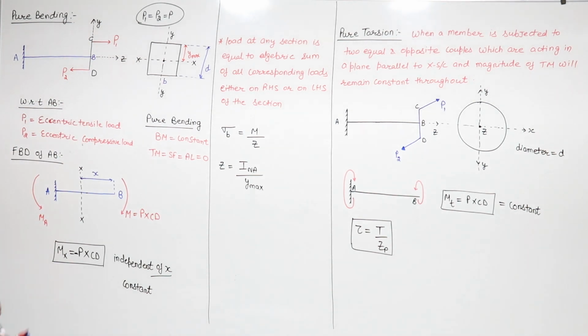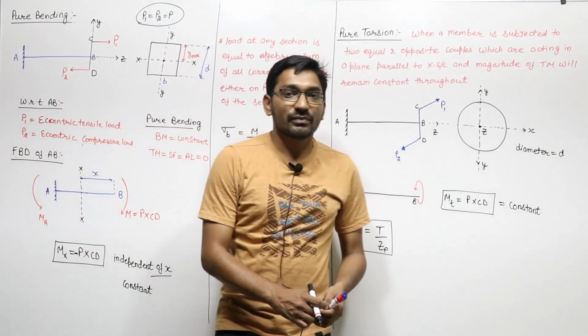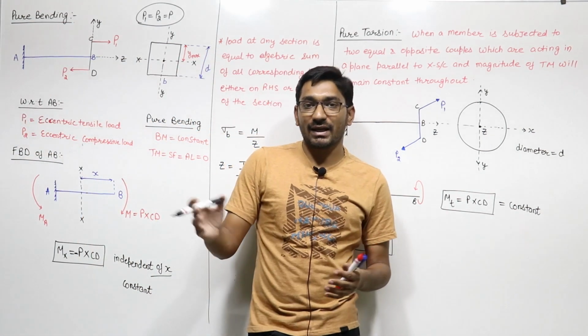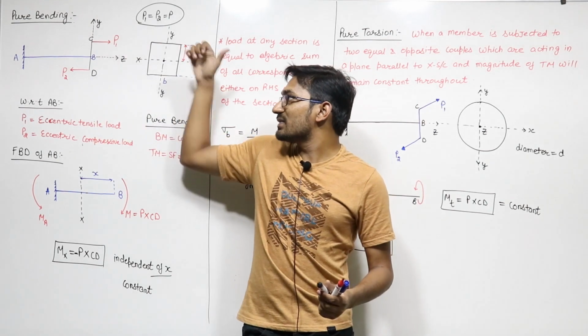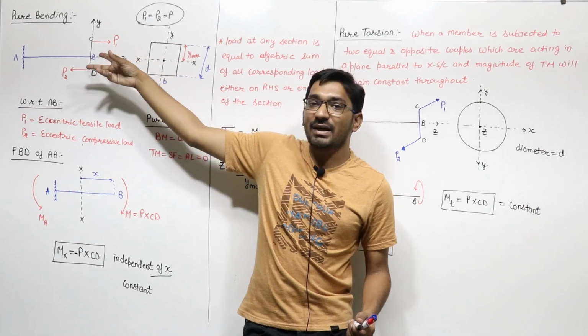Because of these loads P1 and P2, the loads are of different directions. One is tensile in nature, one is compressive, and there is a distance between them, that is CD.